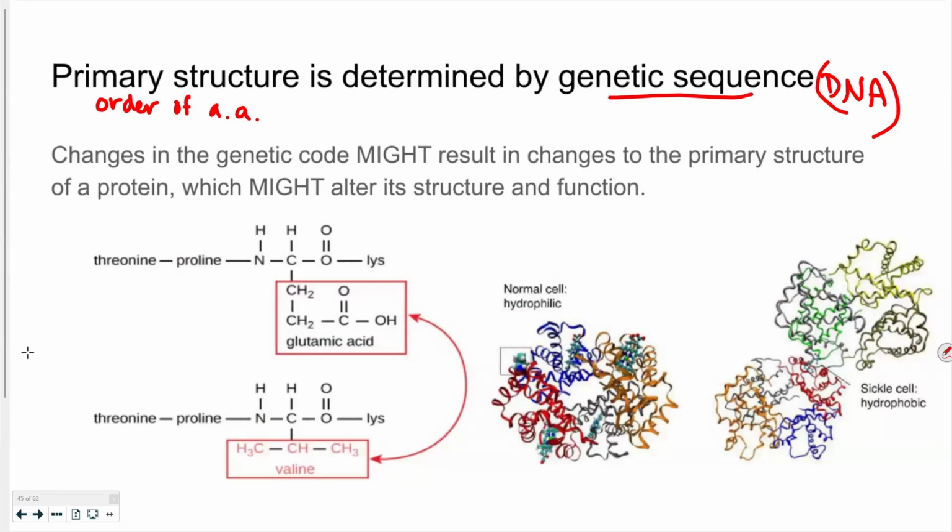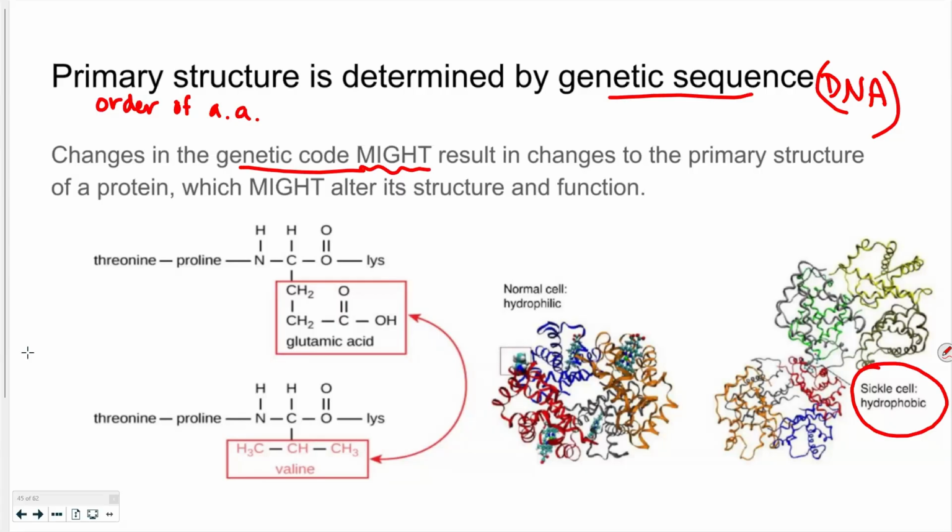But changes in the genetic code could result in a change of the primary structure. We'll use hemoglobin as an example. If you've ever heard of sickle cell disease, that is one amino acid change.